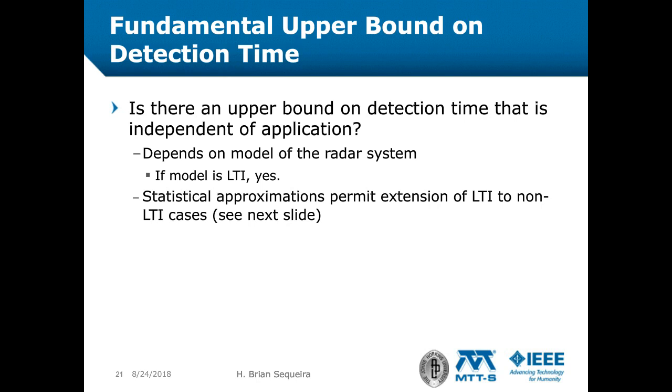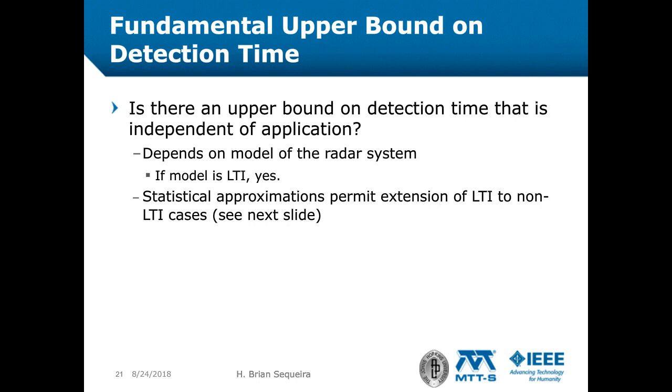As we have seen, fluctuations in target scatter and attenuation and phase fluctuations caused by weather introduce sidebands, that is, spectral components that are not present in the input signal. If detection duration is sufficiently shorter than time variation of the fluctuations so that fluctuations can be ignored, then the radar can be adequately represented by an LTI model over that duration. The detection interval is thus upper bounded by this assumption.